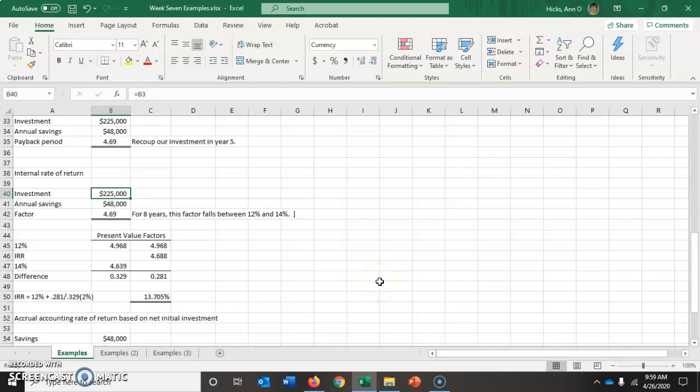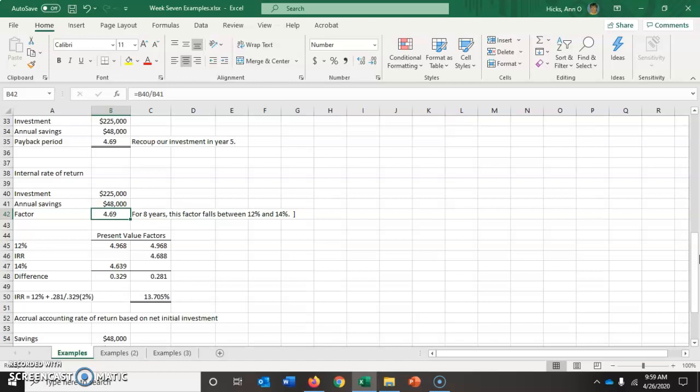So using the tables, what I did on this was I took the 225,000 investment, I divided it by the annual savings, which basically says the factor that we would need for those to equal would be 4.69.